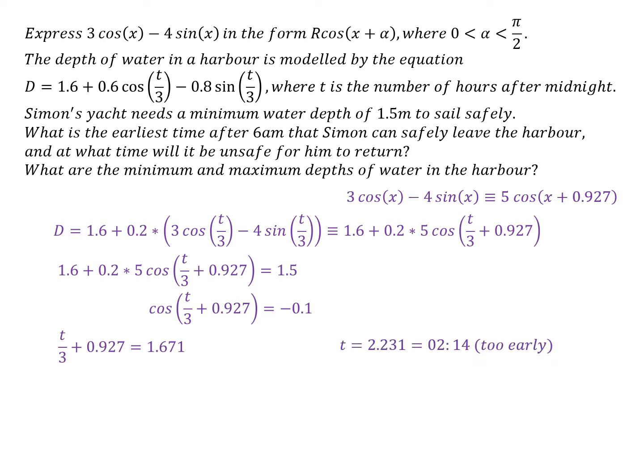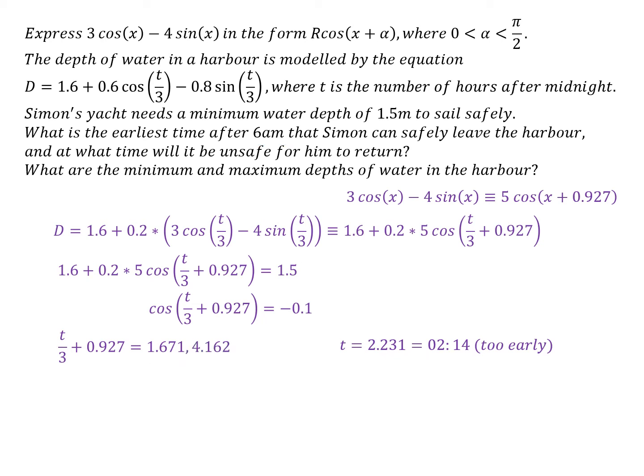And when we unwrap that, we get t equals 2.231, and that would be 2 hours 14, nearly quarter past 2 in the morning, which is too early because the earliest time is after 6 a.m. Okay, so there's going to be more solutions to this equation. 1.671 is the first solution, but then for cos, we say 2 pi minus 1.671 is the next answer.